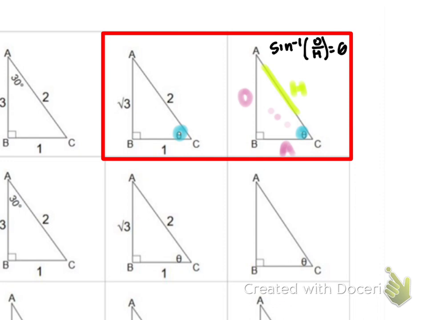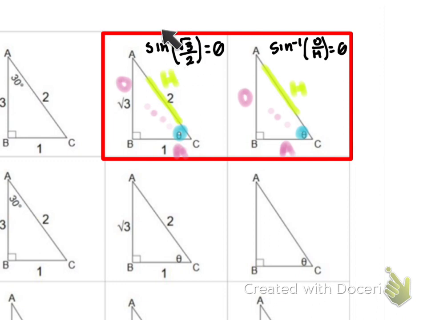So you're going to mark up your angle, mark up your sides with H, O, and A, and it's going to be sine -1. And sorry, dropped my -1 for some reason. So sine -1. And then you're going to have O, so square root of 3, divided by H, which is 2, and that's going to equal to your theta.